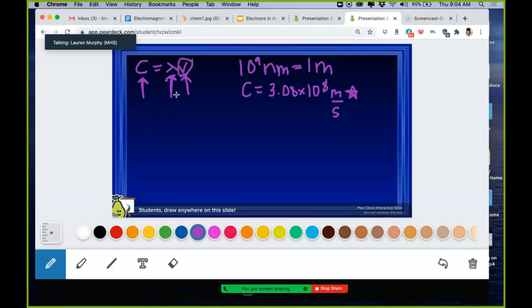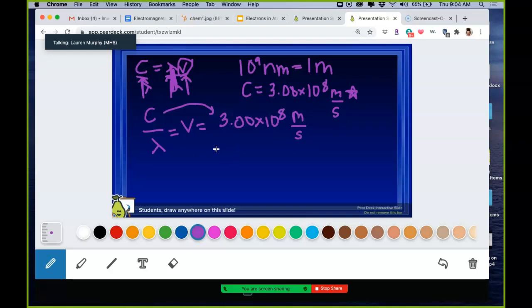So I'm going to rearrange, and I'm going to divide both sides by wavelength, and that will give me this. This is just basic algebra. You divide both sides by wavelength. The wavelength is gone, and you're left with frequency. So c is 3.00 times 10 to the 8th meters per second.